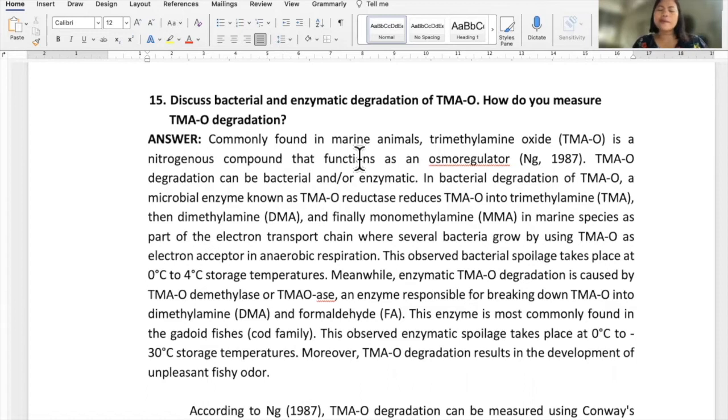The degradation caused by bacteria can be caused by several facultative anaerobic bacterial species like Shewanella, which reduce TMAO to trimethylamine, and that is what gives the unpleasant fishy odor to our fish.